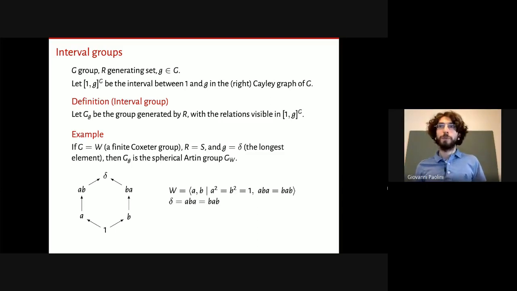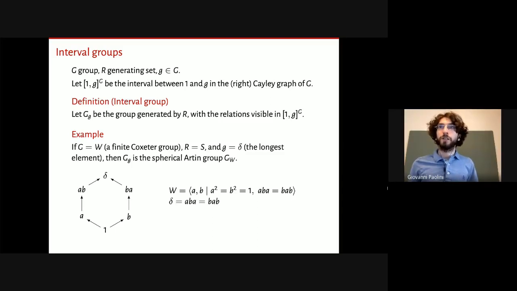Now, the longest element means the element which is longest as a product of generators, so whose minimal way to write it as a product of generators is as big as possible. And longest elements only exist in finite Coxeter groups.